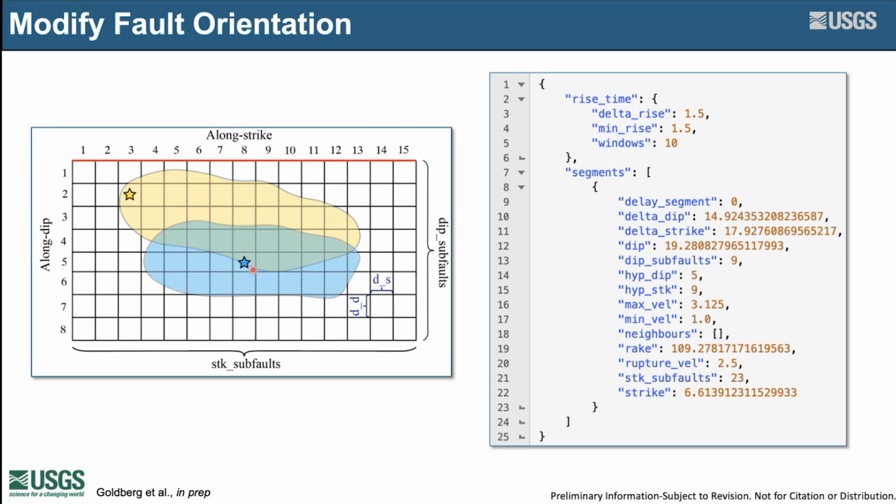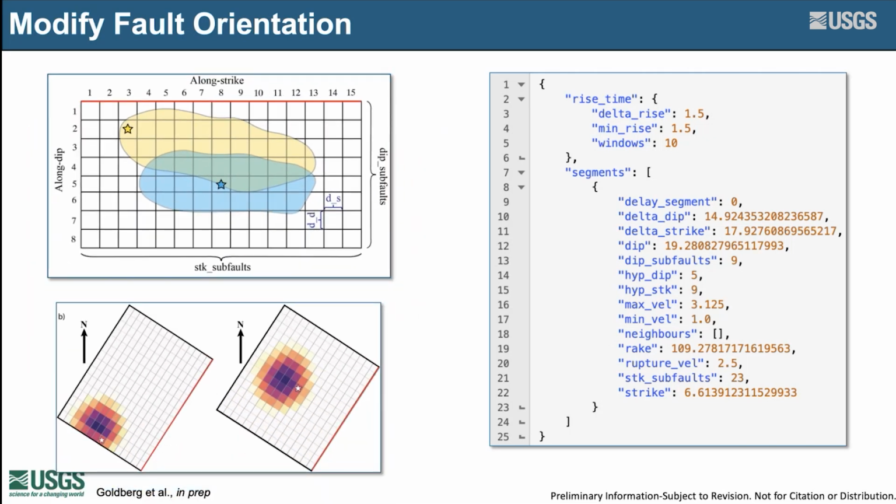However, if you have a strongly unilateral rupture like the yellow rupture here, putting the hypocenter in the middle of the grid is not going to work, or at best, you're going to have a really, really long fault with absolutely nothing going on one side. So in that case, it's preferable to put your hypocenter coordinates close to a corner, in this case, column 3, row 2.